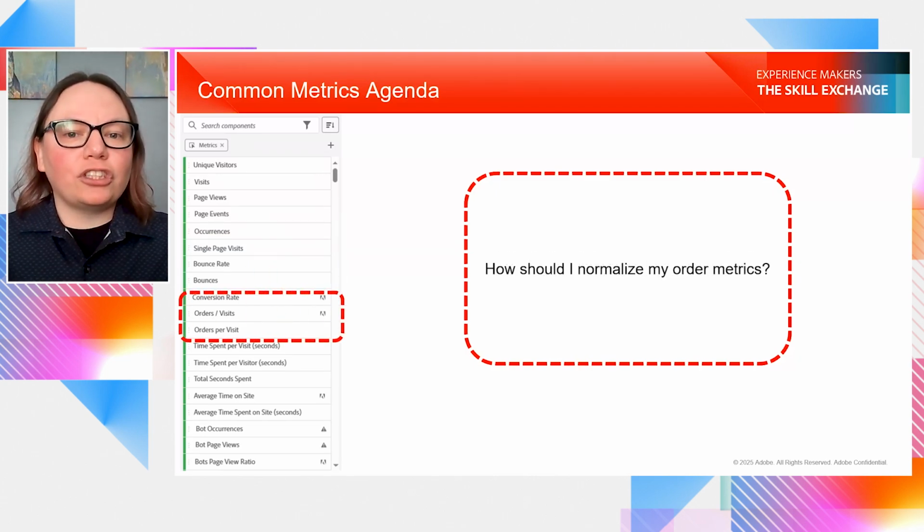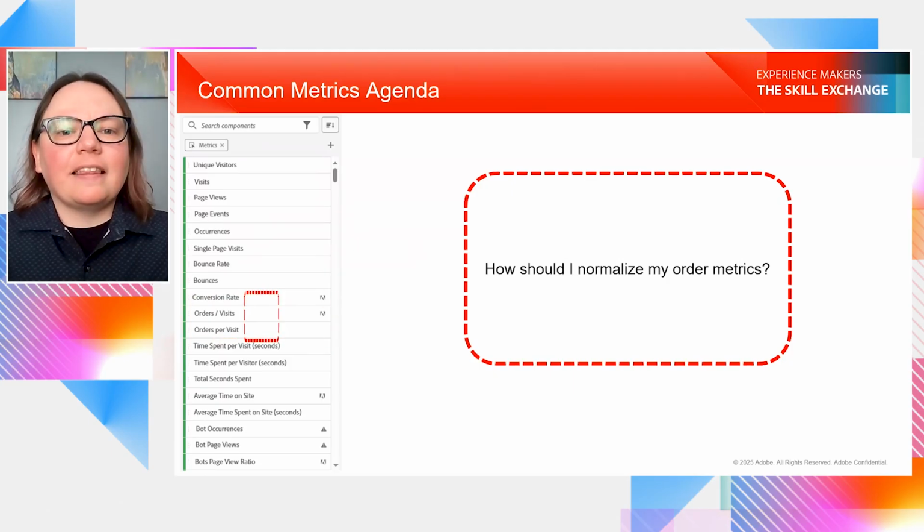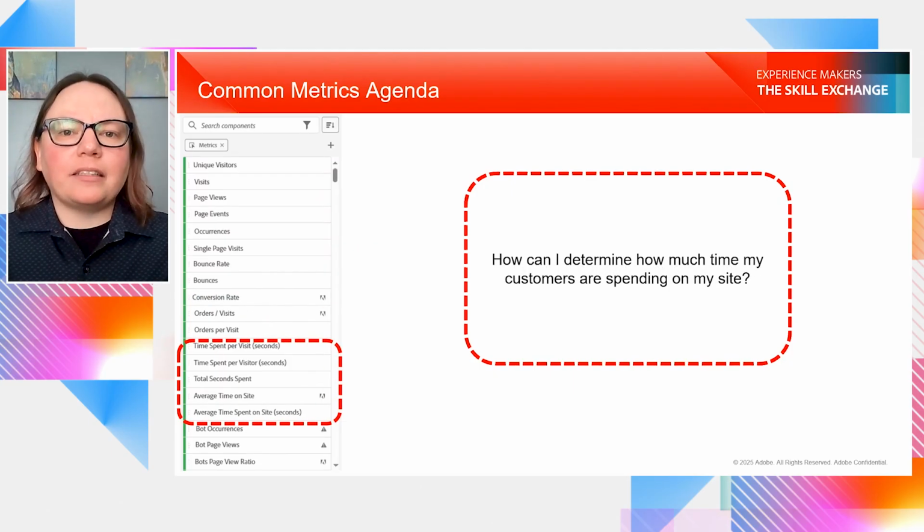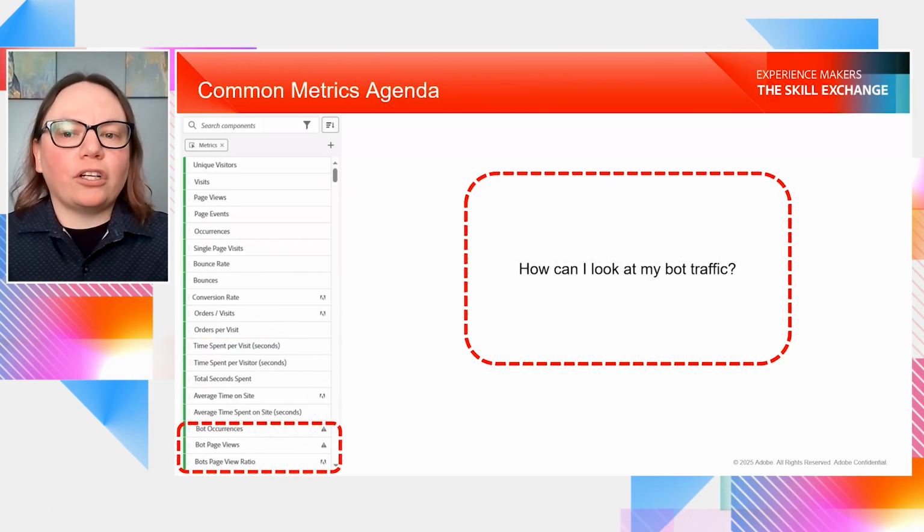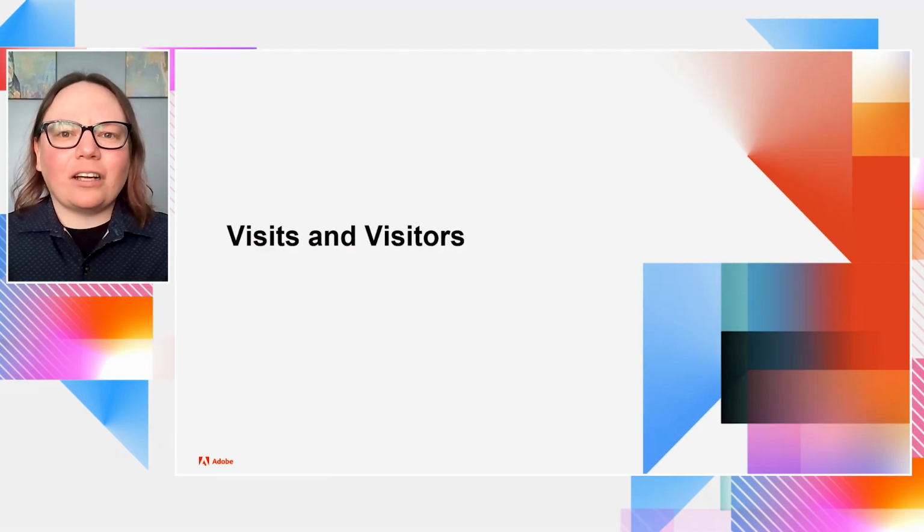We'll look at conversion rate, orders over visit, and orders per visits. Then we'll look at all of our time spent on site metrics. And finally, we'll go over bot occurrences, bot page views, and bot page view ratio. These ones you might not have used quite as often as the others, but they can still provide you some pretty good information. So let's get started with our visits and visitors.